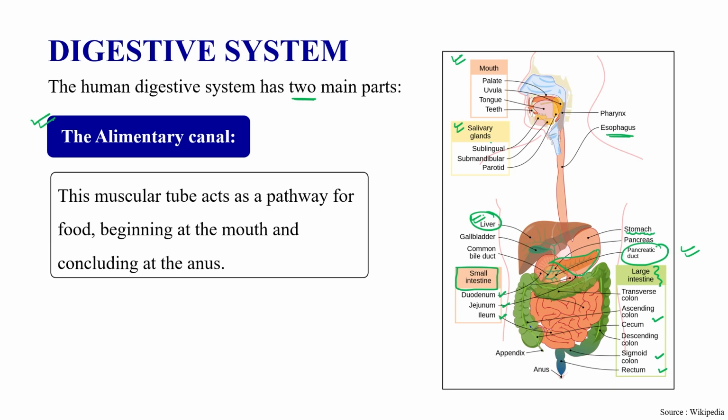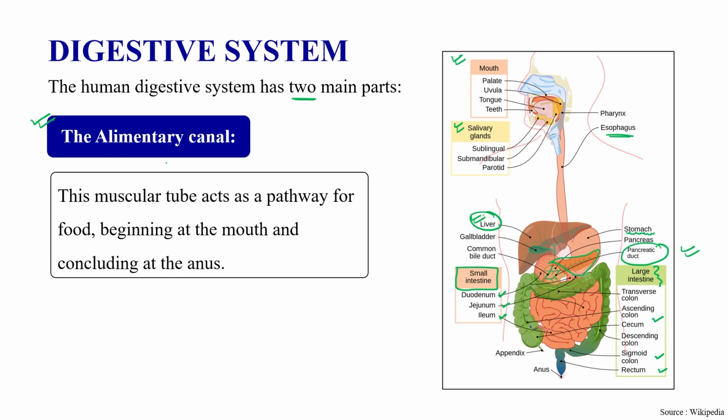So this is just an overview of our digestive system. One by one, each part of the digestive system we are going to study. Right now I'm going to tell you that our human digestive system has two main parts.